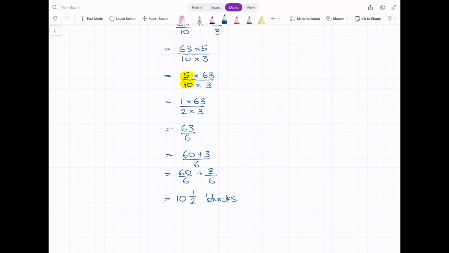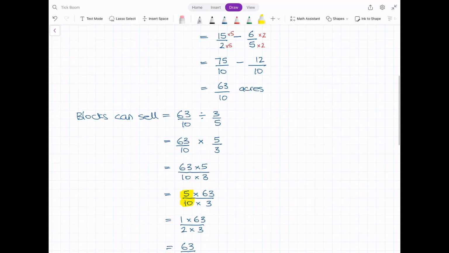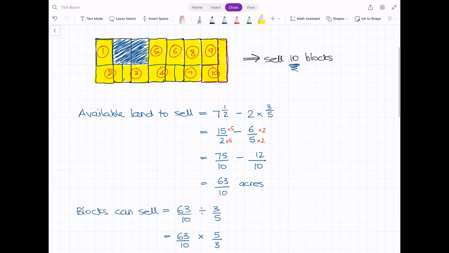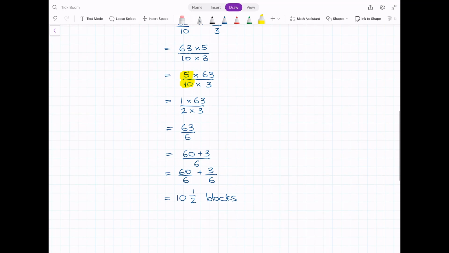Now, if all you did was the arithmetic approach and you hadn't taken the time to visualize what was going on, you may be very tempted to think that this is the answer. You can sell 10.5 blocks. But actually what we need to do is really think about what's going on, because we're not really going to sell a half block. It's this half block that makes things tricky.